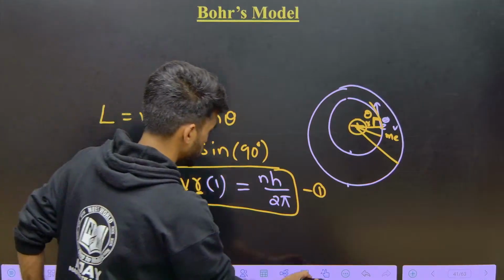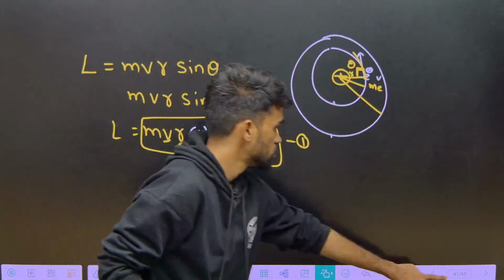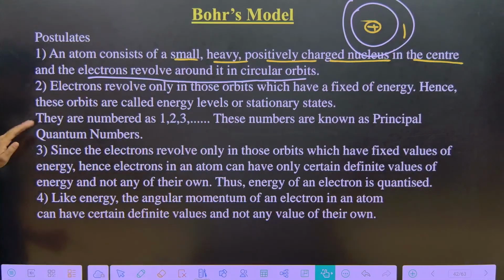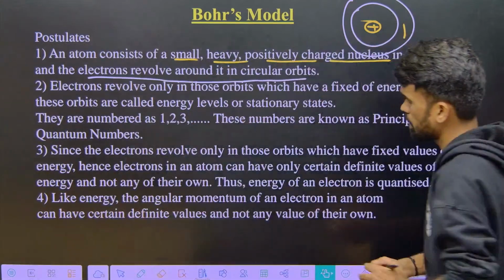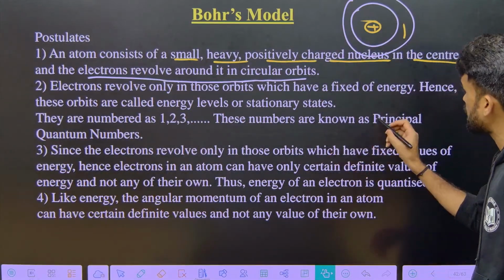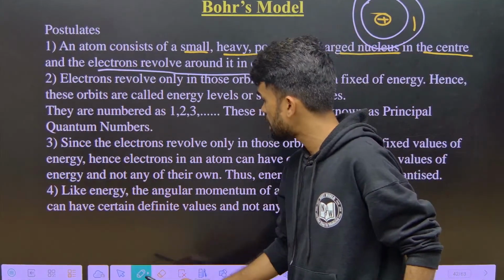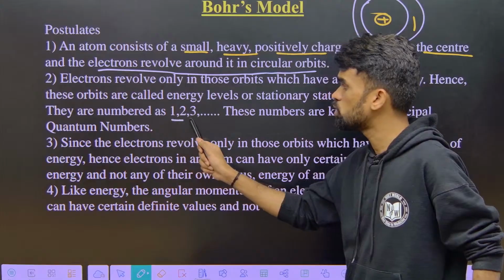Other postulates are also there, but this is just for your information, so just read this. Here I have written m v r equals n h by 2 pi. What is n there? These are the numbers 1, 2, 3, which are called shell numbers.